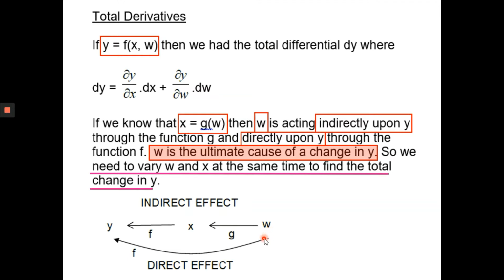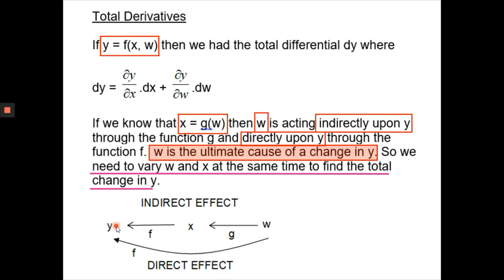W affects y directly through the function f, and indirectly because it affects x through the function g, and then of course x affects y through the function f. So this top channel here is depicting the indirect effect.